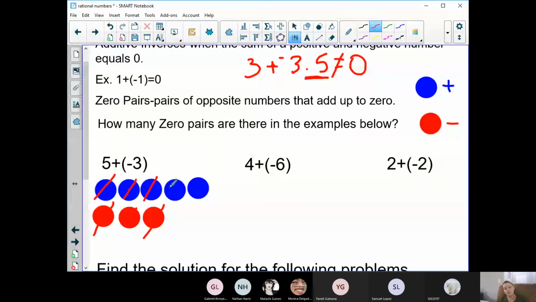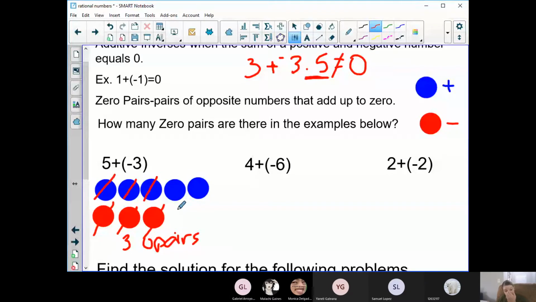So how many zero pairs do I have in this first example? 5 plus -3. How many zero pairs are there? Right, there's 3 because I marked through all 3 of my negatives and 3 of my positives. So I have 3 zero pairs. And how many do I have left?